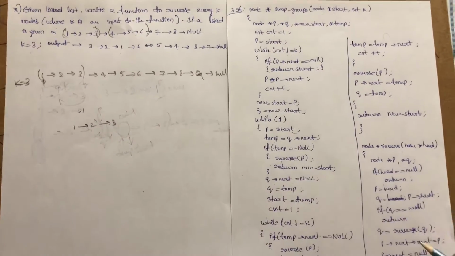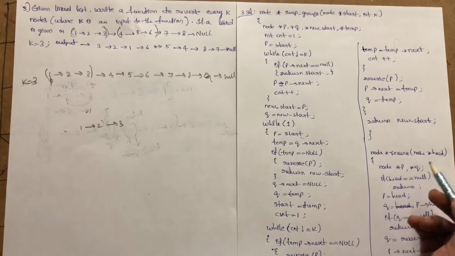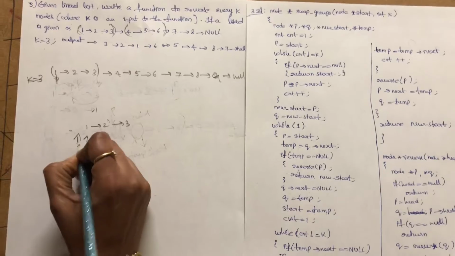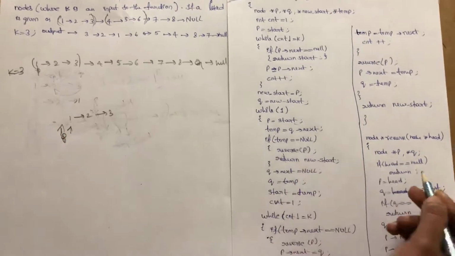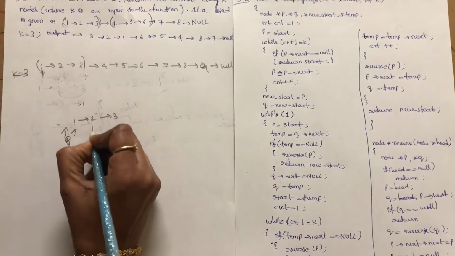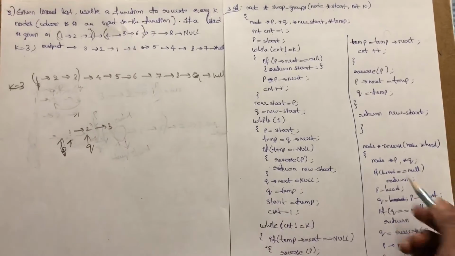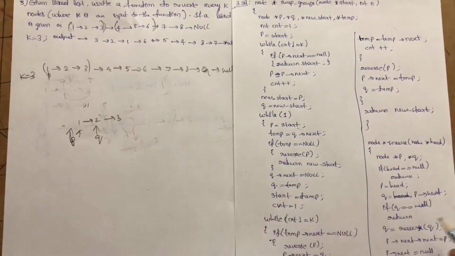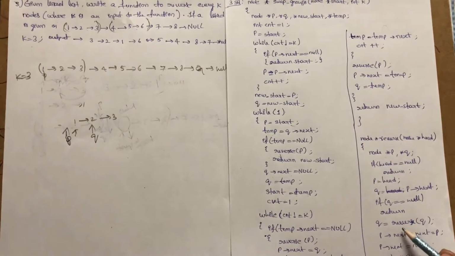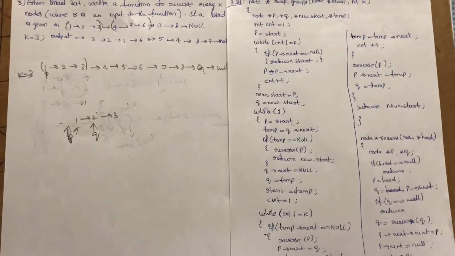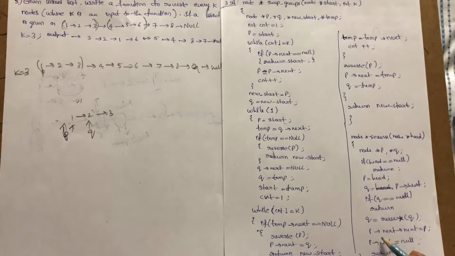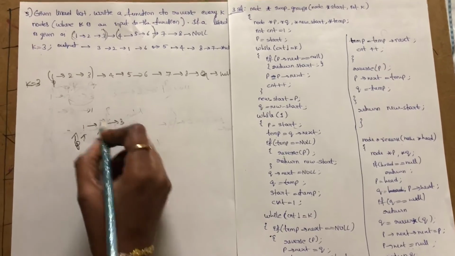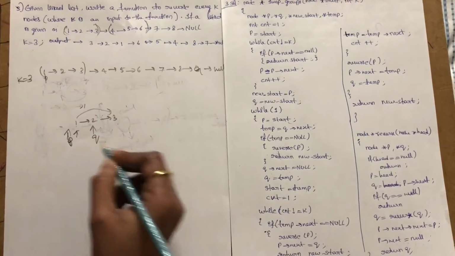By using this code, we take P and Q pointers. P is equal to the starting point and Q is equal to P next. Here we're going to use a recursive function, and we'll check whether Q is not equal to none. Then it comes here and executes again. So P will become P next, then come to here and it returns Q.